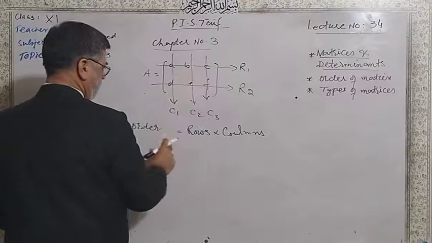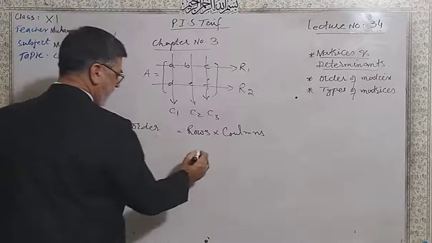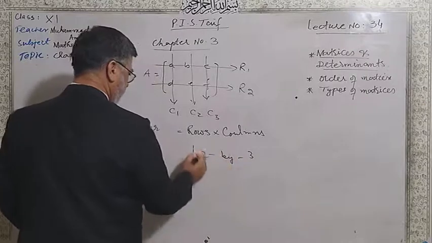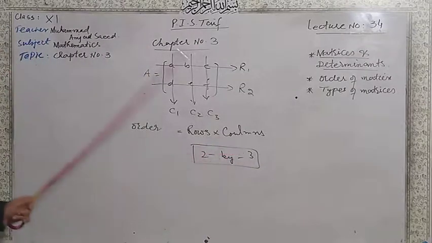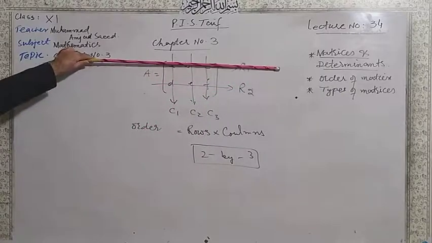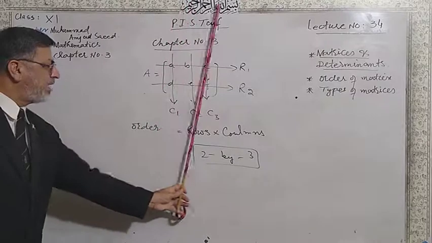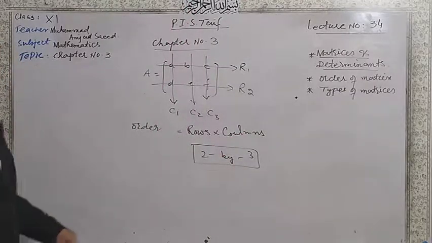This is the matrix A and its order is 2 by 3, meaning 2 rows, 3 columns: 2 horizontal lines, these are rows, and 3 vertical lines, they are known as columns. So its order is 2 by 3.